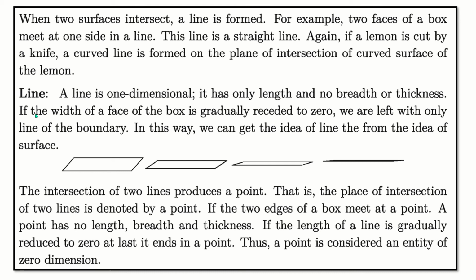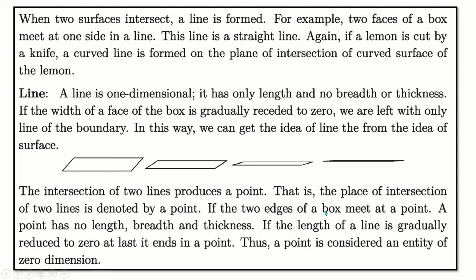Next I will explain: the intersection of two lines produces a point. That means when two planes intersect each other, a line is produced, and when two lines intersect each other, a point is produced. That is, the place of intersection of two lines is denoted by a point.